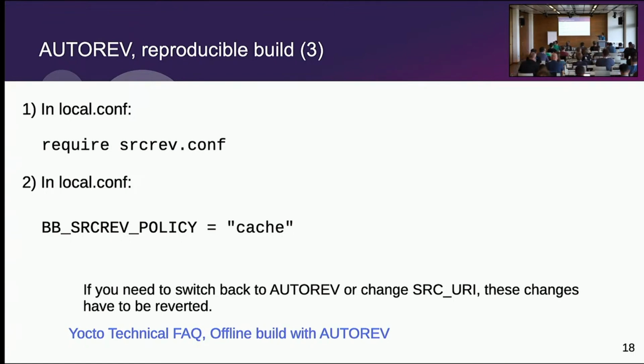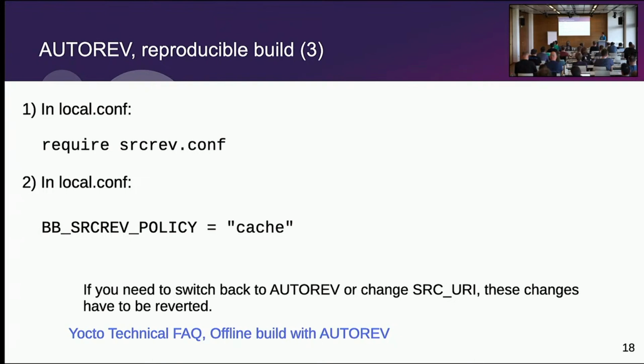The second thing you can do is a bit orthogonal to the build history: you can set the source revision policy to cache. That works if you build your image at least once. Then revisions are cached, and you can rebuild it again, but that might have some side effects.